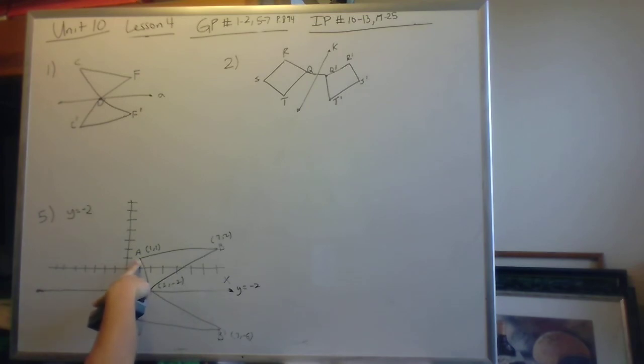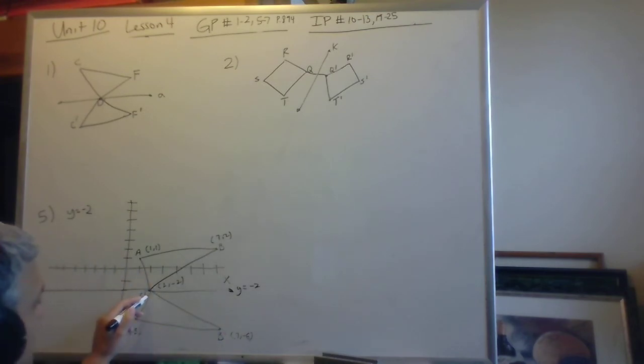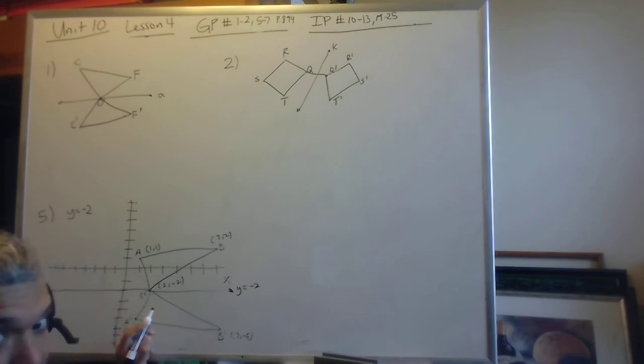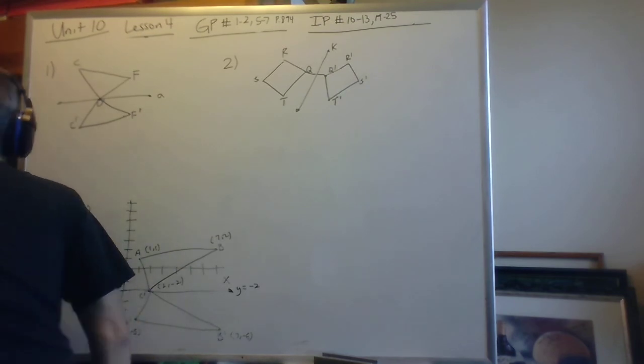So if A is at 1, 1, and it's 3 units away from the line of reflection, we're going to go 3 units down to get A prime. Since B is at 7, 2, and it's 4 units away from the line of reflection, we're going to go down 4 units for B prime, and that's going to be at 7, -6. And since C is on the line of reflection, C prime is going to be on the line of reflection. So that is problem 5.